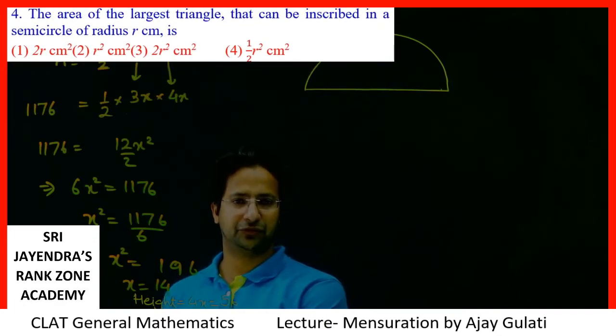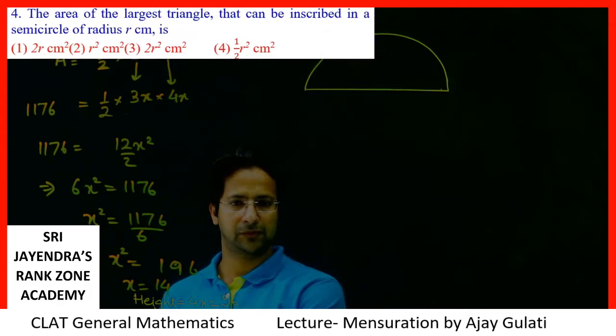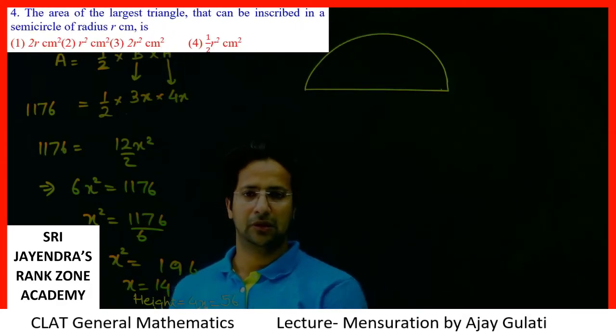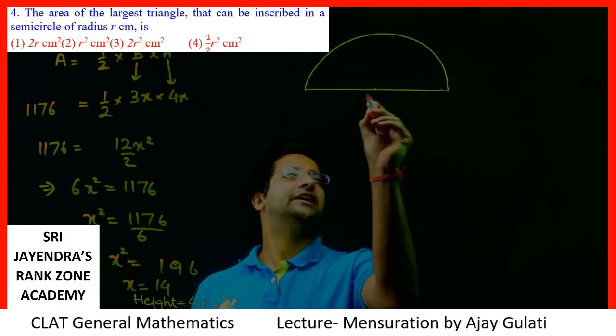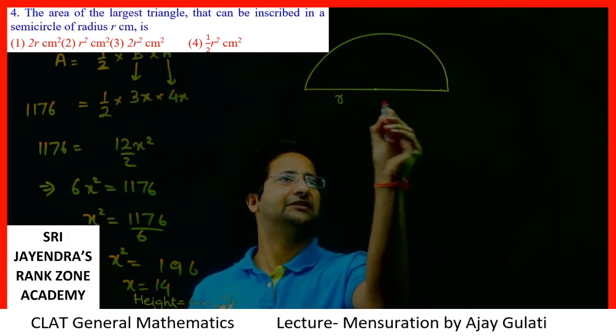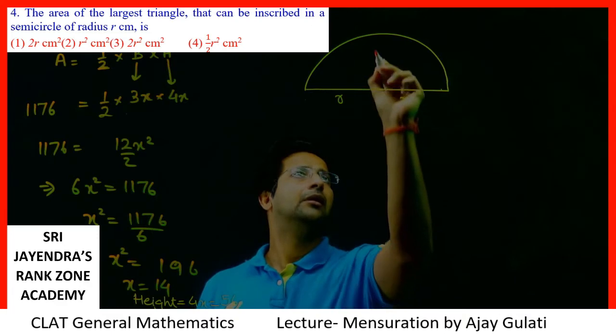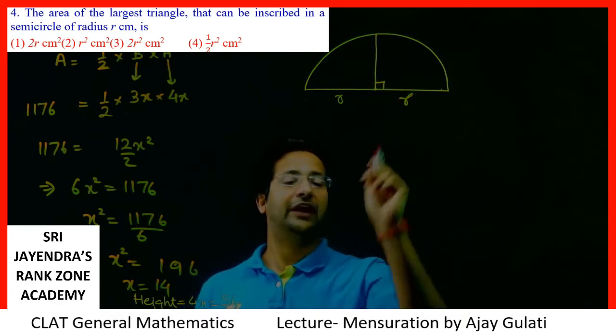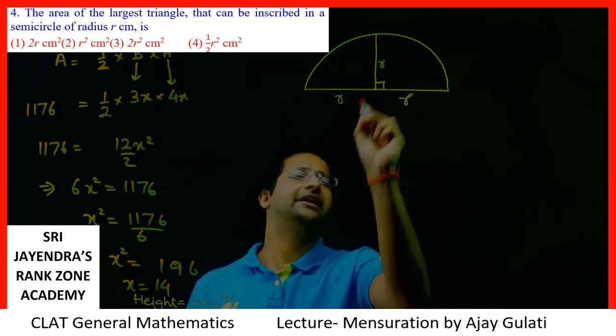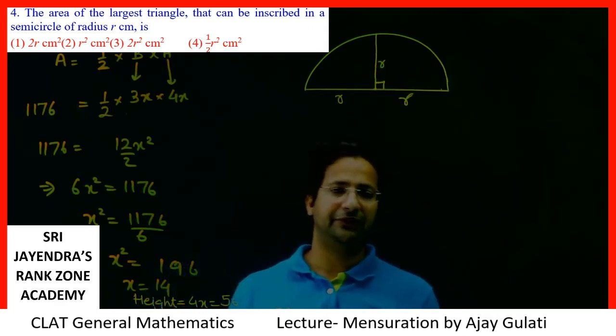I am just decreasing the size of the question just a bit. Now this is the center of the semicircle. Let's say this is the altitude. I need to find the largest triangle that can be inscribed in this semicircle.